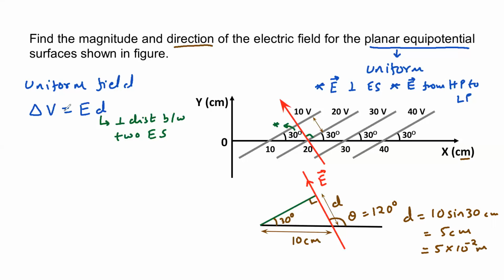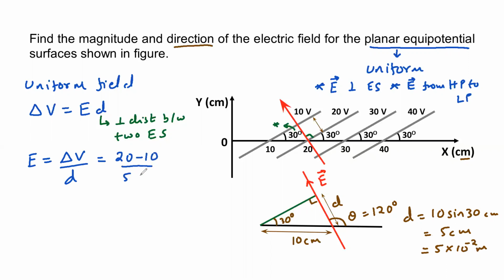Now, let's calculate the magnitude of the electric field. Magnitude of electric field would be potential difference over perpendicular distance. And what is the potential difference between these two equipotential surfaces? It is 20 minus 10 divided by, what is the distance between them?